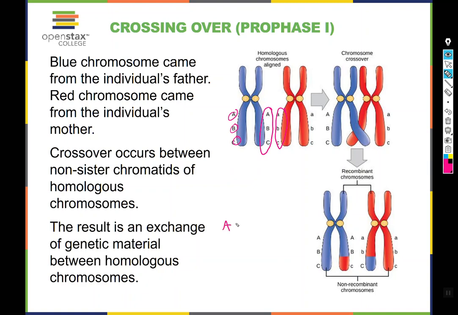One is going to be A, B, C. That's this one. One is going to be A, B, little c. One is going to be A, B, C. And one is going to be A, B, C. So crossing over, as you can tell, produces more variation in the resulting gametes. So they're not all the same, which is important.